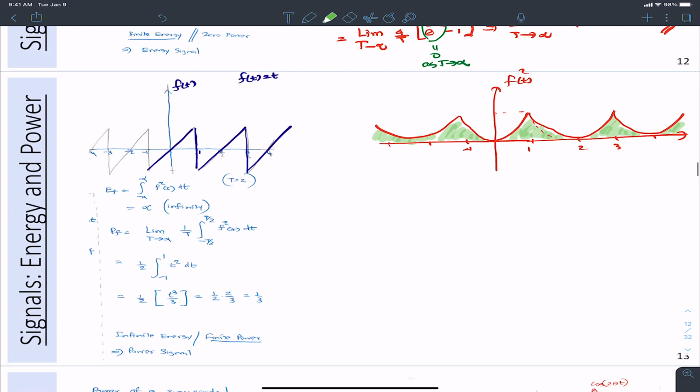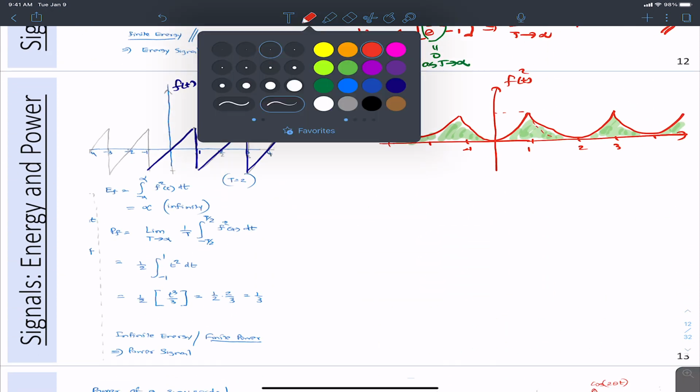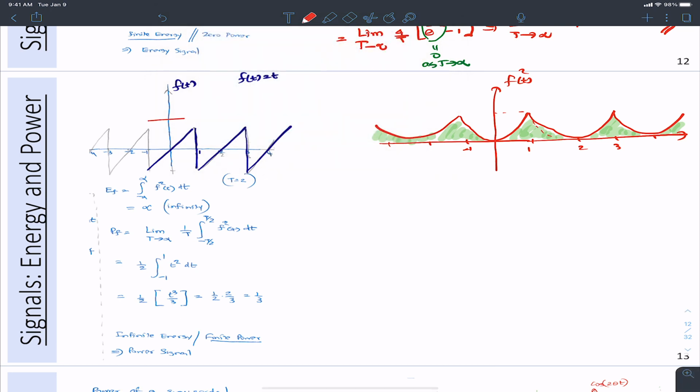So this is a periodic signal. In this signal, which part repeats? If you look at the signal, it repeats all the time, from -1 to 1. So if the signal goes from minus infinity to infinity and has a periodic nature, then that signal has infinite energy.